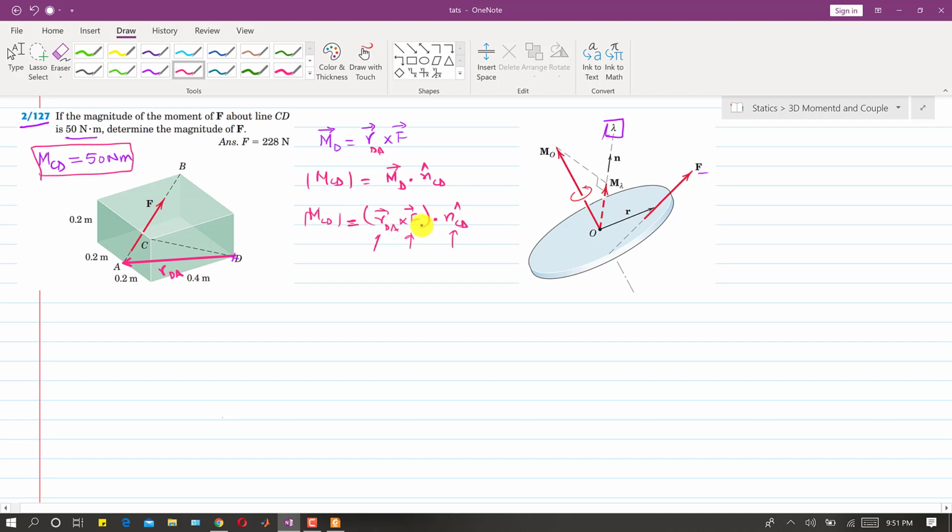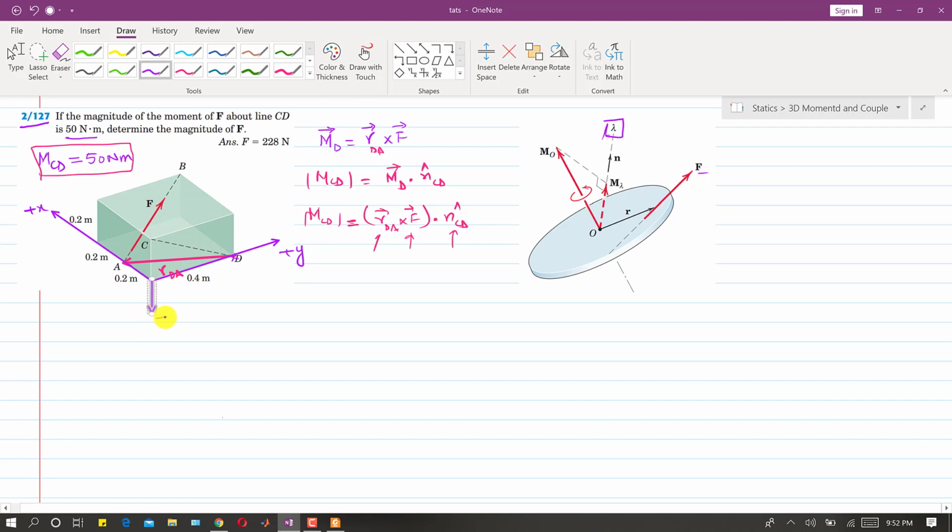Let's suppose that this is our positive x-axis, and this is the positive y-axis, and this direction is positive z, right?